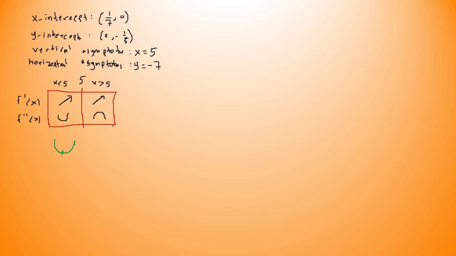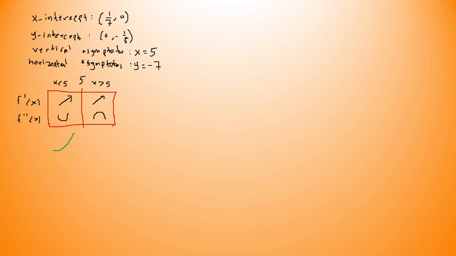So we will just take the curve going up. So for x less than 5, we just take the increasing curve. It can be concluded the curve for x less than 5 is this one.